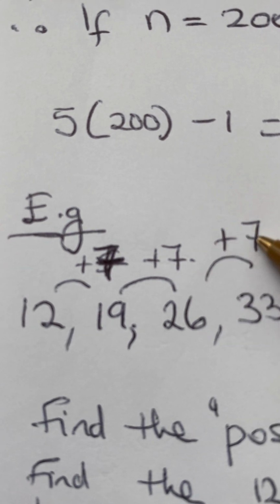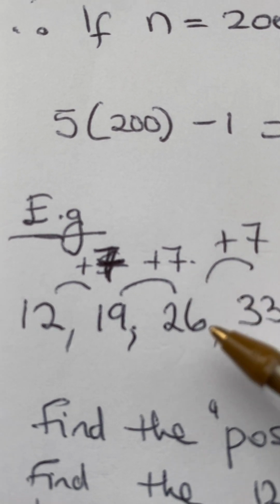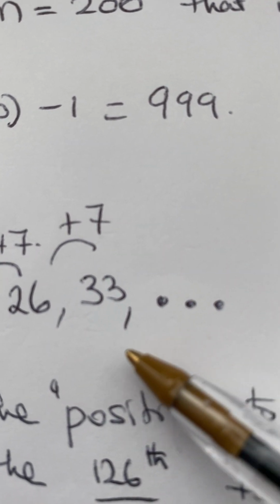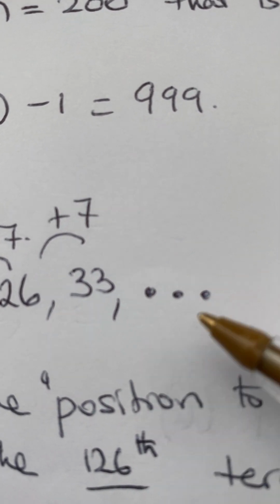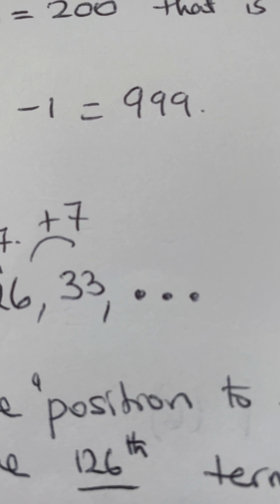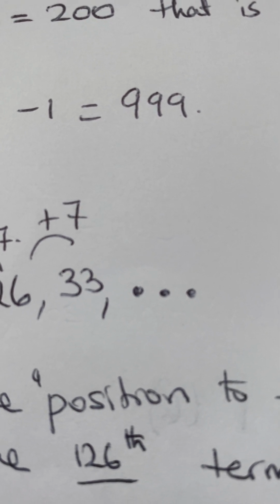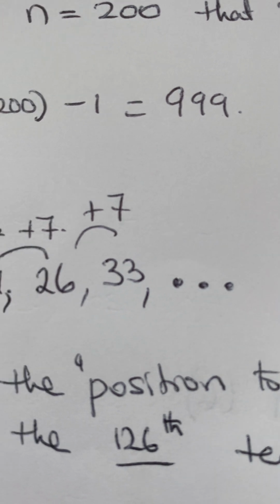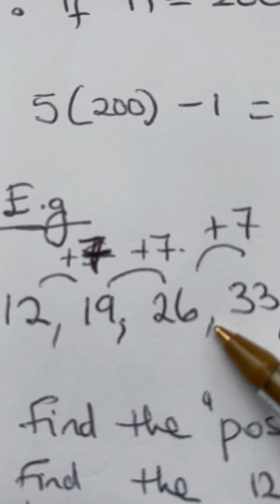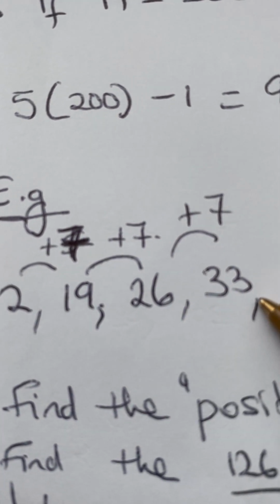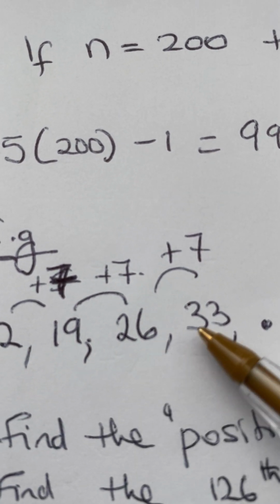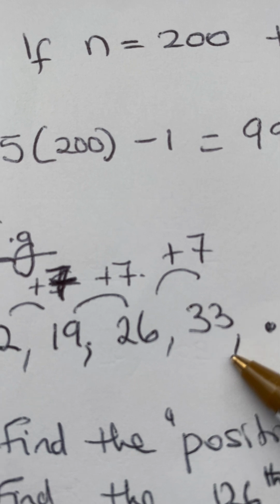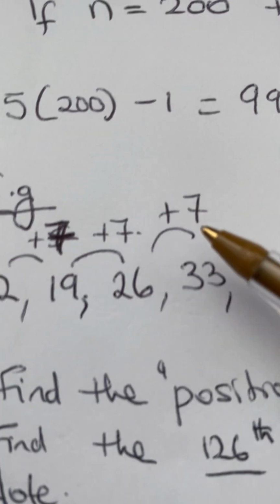When we add 7 to 26, we get 33. The 3 dots mean it's infinite. It goes on and on. Remember, the comma is because in sequences we separate each term by a comma. That is our mathematical symbol here.